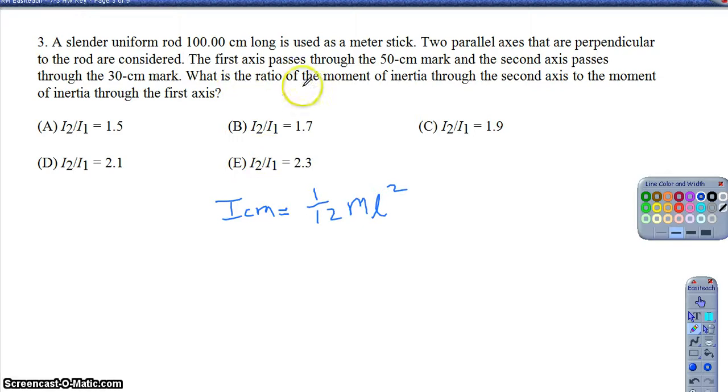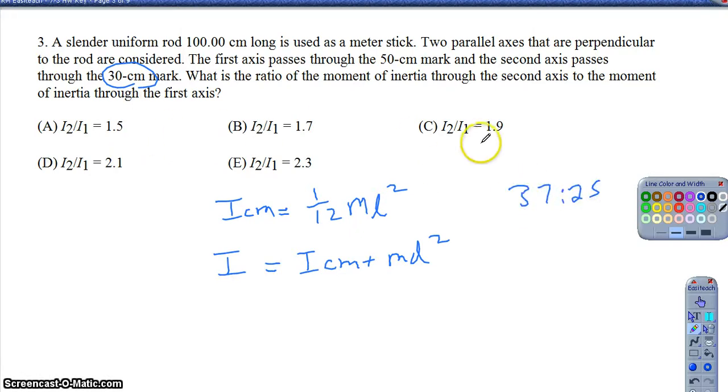And then for finding the moment of inertia at that second rotational spot, at the 30 centimeter mark, I would be using my parallel axis theorem, which says the moment of inertia equals the moment of inertia about the center of mass plus the mass times d squared. So I just find these two measurements, and when I find those, I end up getting a ratio of about 37 to 25. If I approximate that as a decimal, that ends up being about 1.5 as the ratio between the moments of inertia.